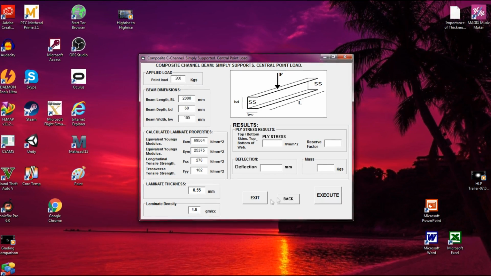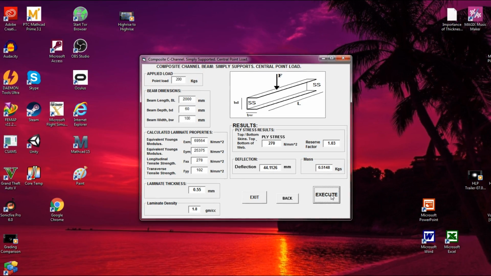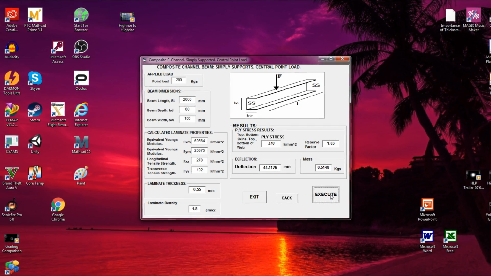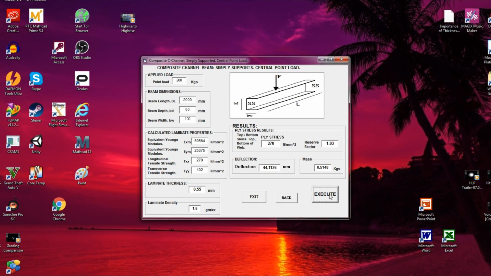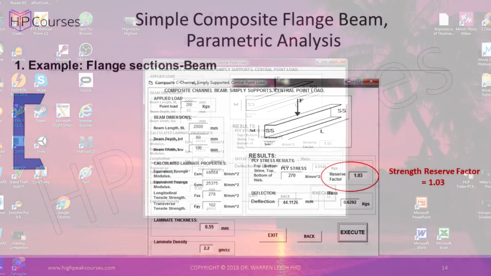Press the execute button and go to the results box. CSAMs has calculated the stress at the outer ply at 270 newtons per millimetre squared. The structural strength reserve factor calculated is 1.03.